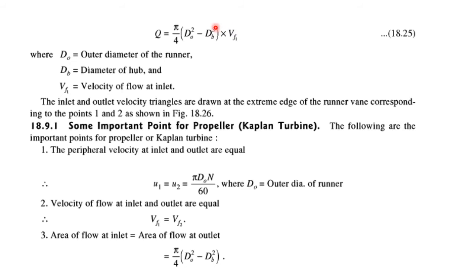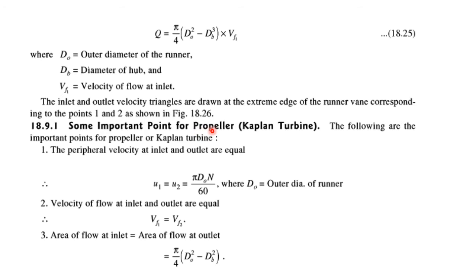This is square, not cube, so you make the correction. Here dO is the outer diameter of the runner, dB is the diameter of the hub, and Vf1 is the velocity of flow at inlet. The inlet and outlet velocity triangles are drawn at the extreme edges of the runner vanes corresponding to points 1 and 2 as shown in the figure.